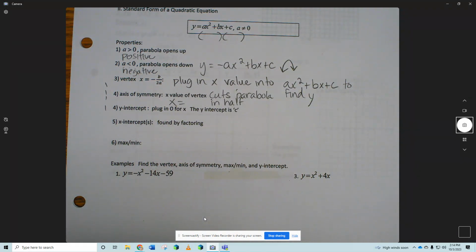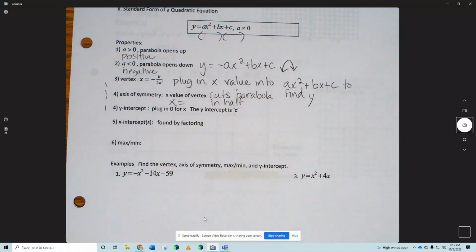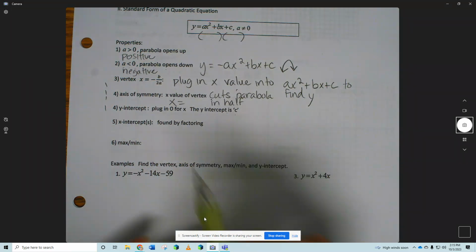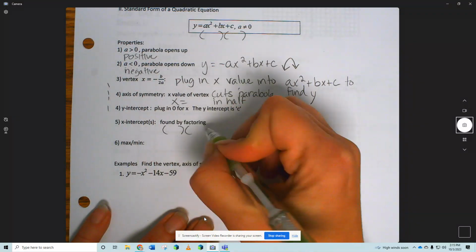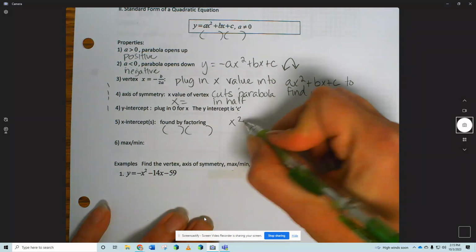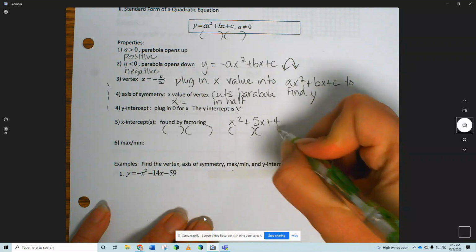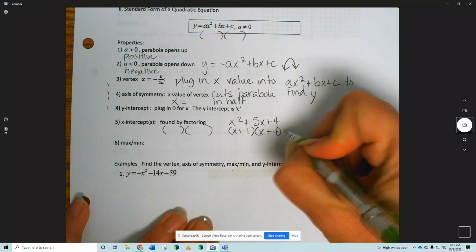Okay, the y-intercept. To find the y-intercept, I could plug in 0 for x. The y-intercept is always going to be my c, my number at the end that's all alone, my constant. The x-intercepts, I would find them by factoring. So, for example, if I had x squared plus 5x plus 4, I would have to factor x plus 1, x plus 4.